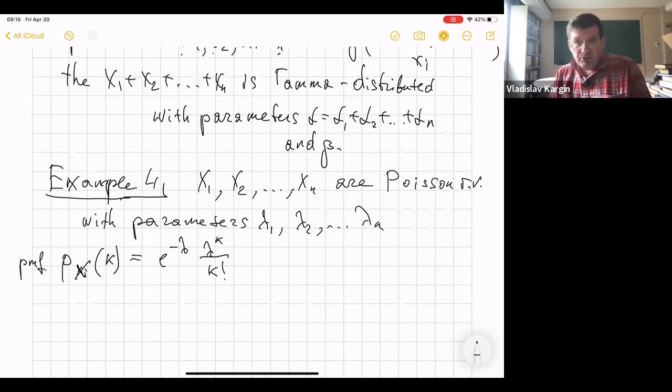And we'll also need to know what the MGF of this is. It's not easy to remember, but you can look at the table and see that the MGF M_x(t) is equal to e to the power of lambda (e^t minus 1).